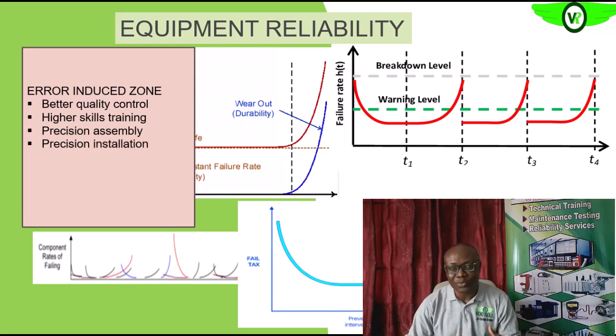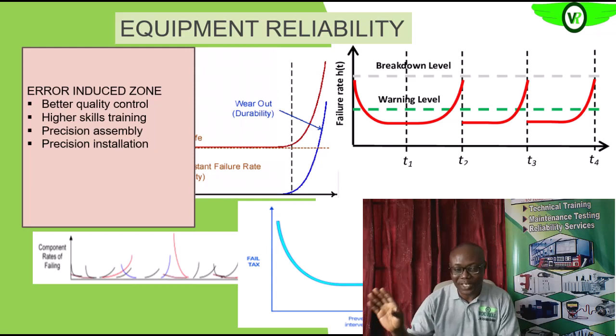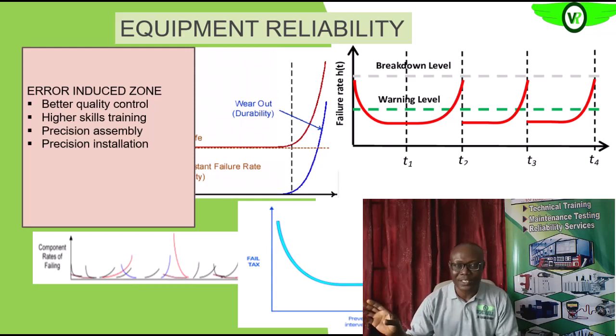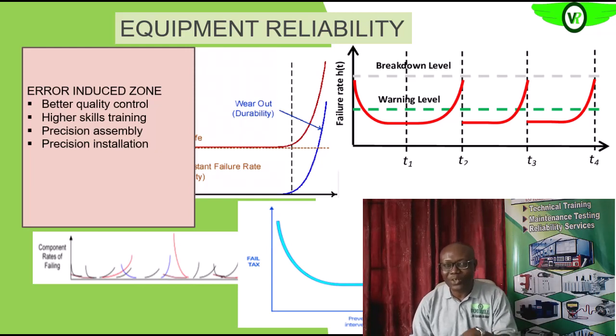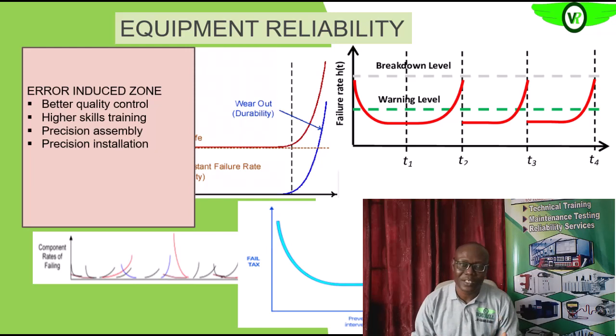The installation process needs to be clearly defined, not something that will be subject to the knowledge of the individual doing the installation. Are we getting it? So we need to ensure precision installation with precise SOP, defining all the tolerance limits in the process.